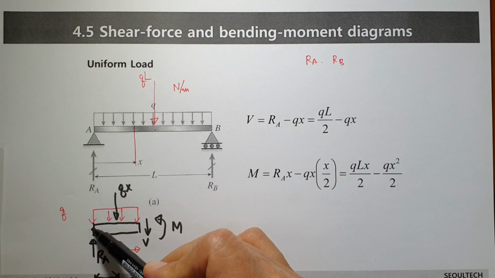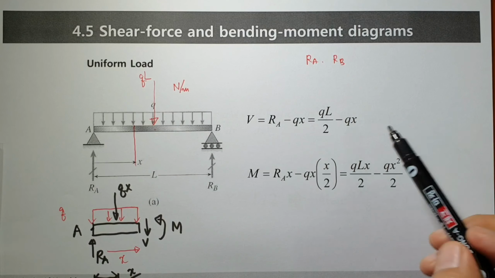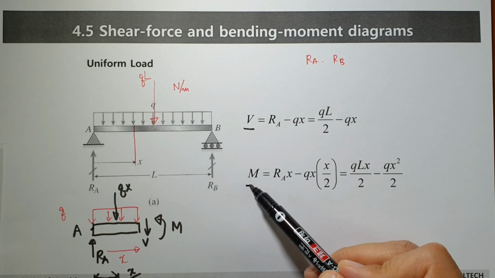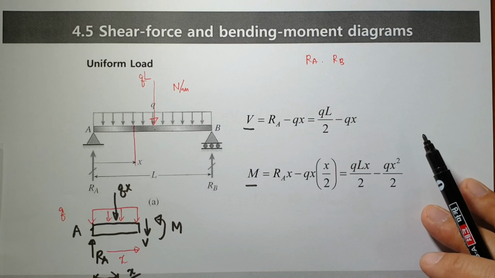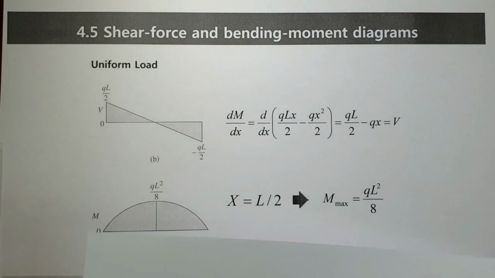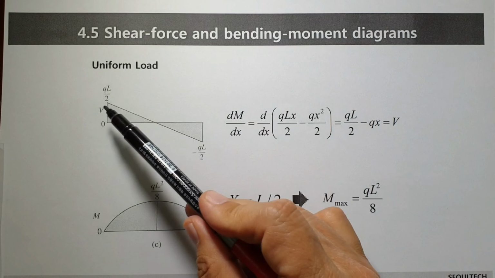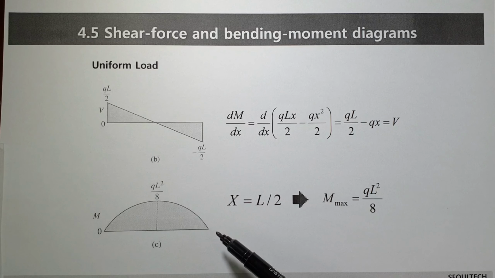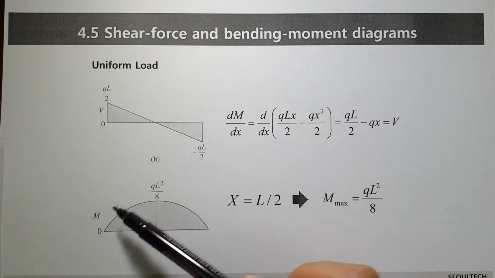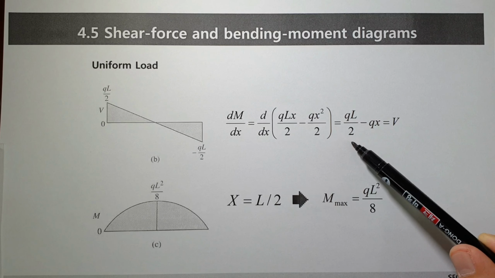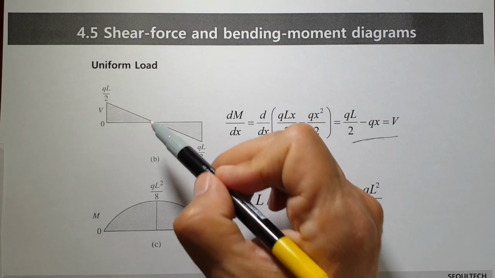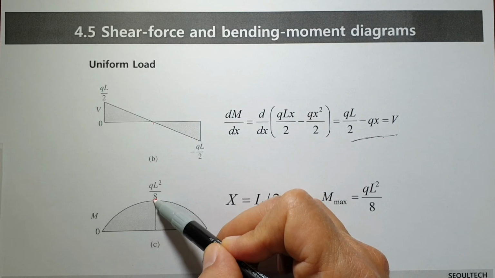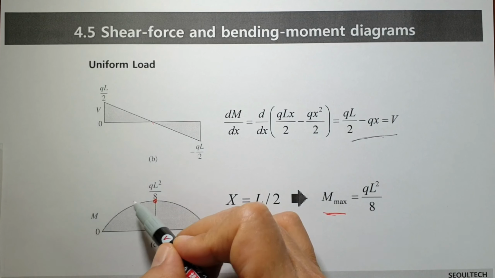Based on this point, of course A, then we can calculate shear force and bending moment. And based on shear force and bending moment, we can draw shear force diagram like this one, and bending moment diagram is this one. When you take derivative of the bending moment, then you can calculate shear force as well, like this one. Mathematically, it's available. And inevitably at this point is maximum bending moment.